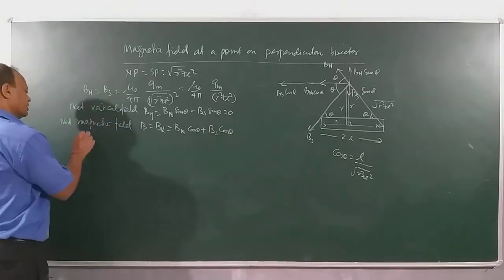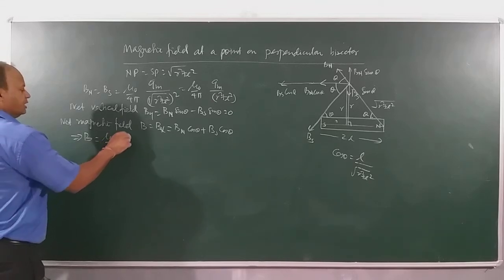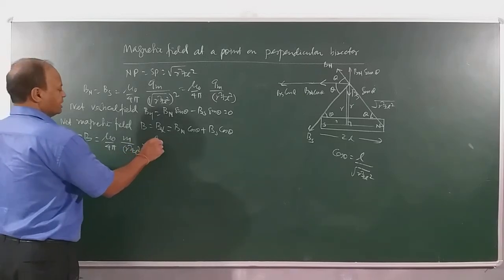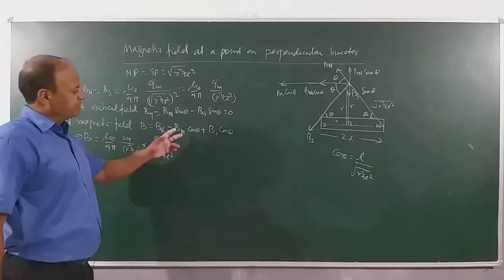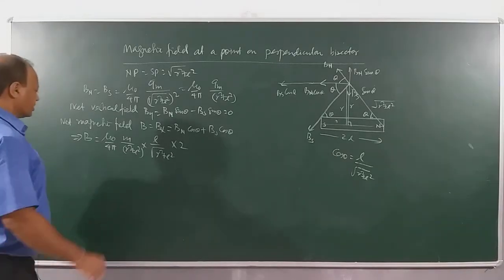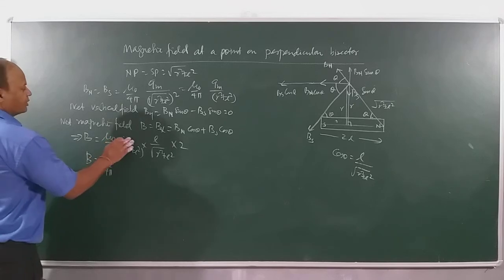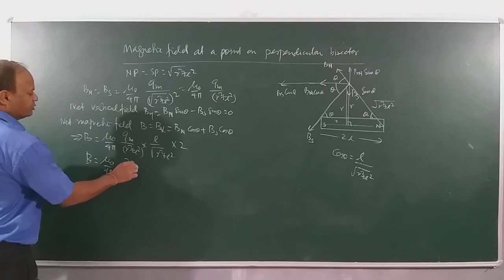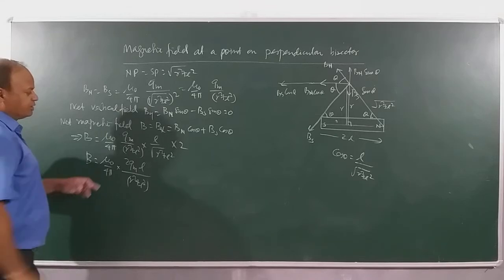If you put in the values, children, then B will be, with Bn being mu naught upon 4 pi, Qm by r square plus l square, and cos theta being l by root over r square plus l square. The same term is repeated because Bn is equal to Bs, so I can multiply it by 2, right? So I get B is equal to mu naught by 4 pi, 2 Qm into l divided by r square plus l square, where this power is 1 and this power is half.